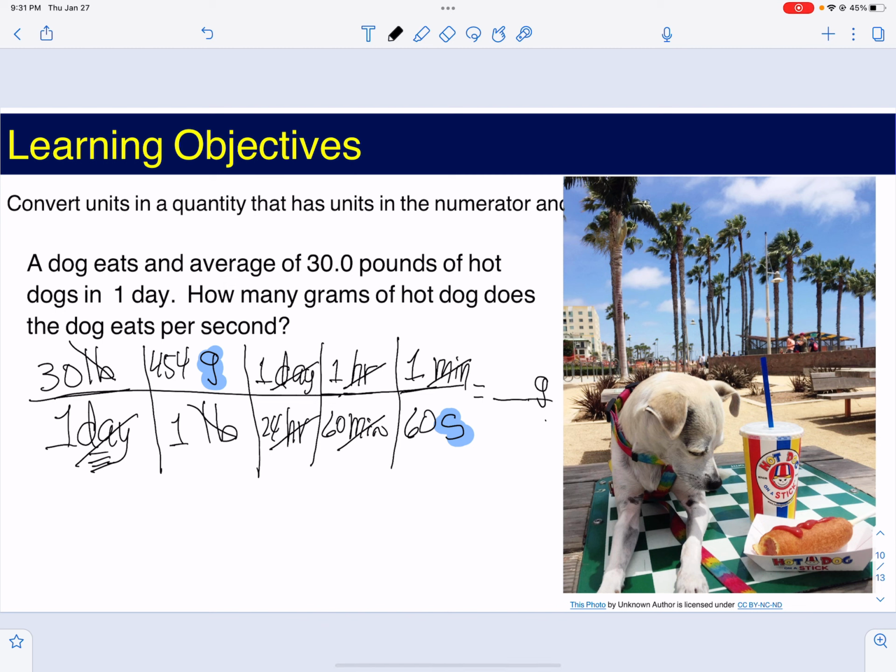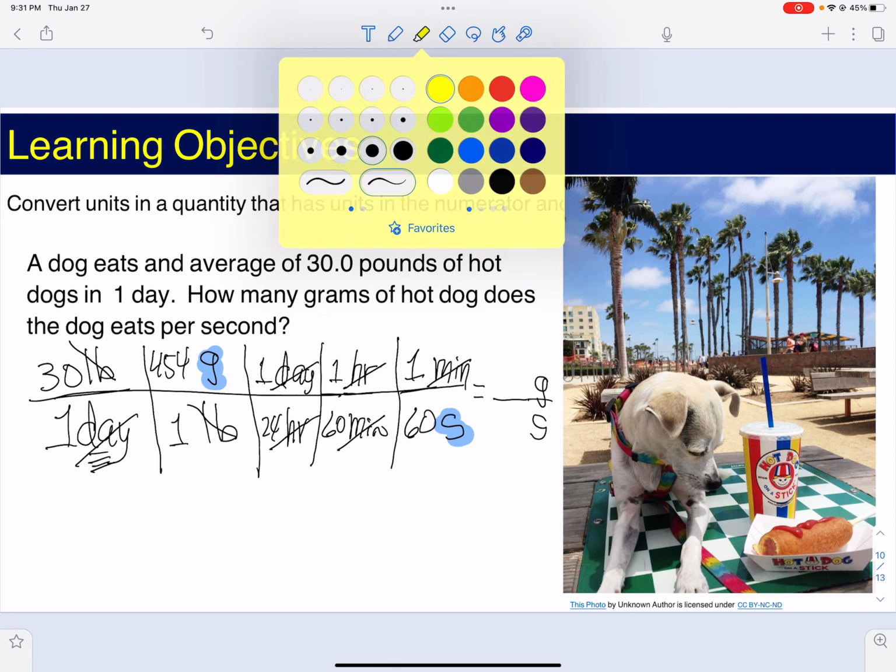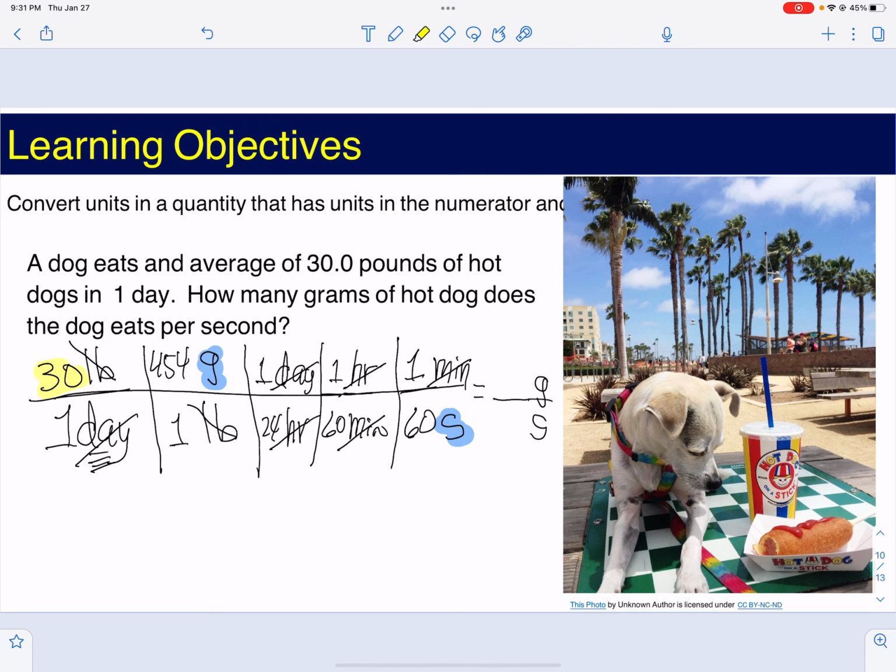grams over seconds. So what I have to do is 30 times 454 times 1 times 1 times 1 divided by 1 divided by 1 divided by 24 divided by 60 divided by 60, and that will give me what goes in there. So you see how we went from 1 step to 2 steps to 1, 2, 3, 4 steps.